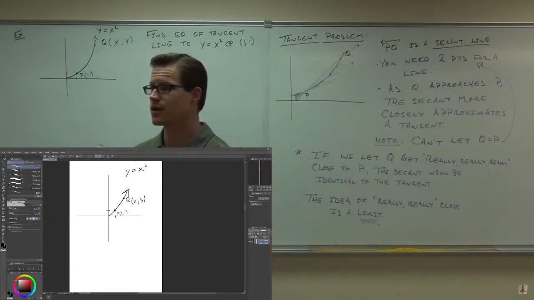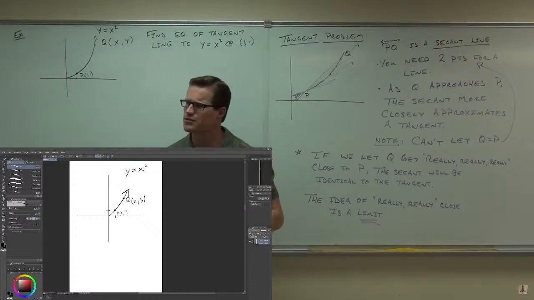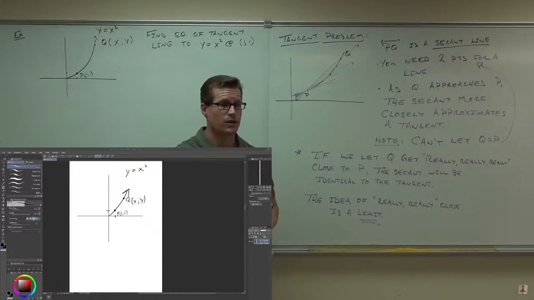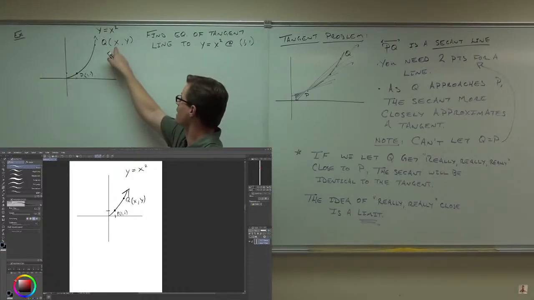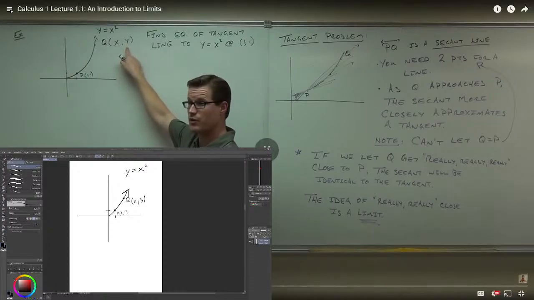Now, using your knowledge of what the function is, what's the function? Y equals what? X squared. So instead of having X comma Y, would it be okay with you to write the function?